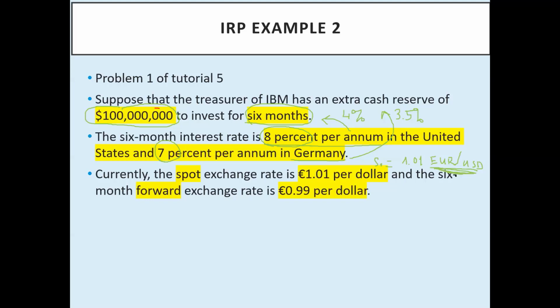This is the value of the USD in terms of the euro. Now the 6-month forward rate is 0.99 euro per USD. So here my forward rate is going to be 0.99 euro per USD.